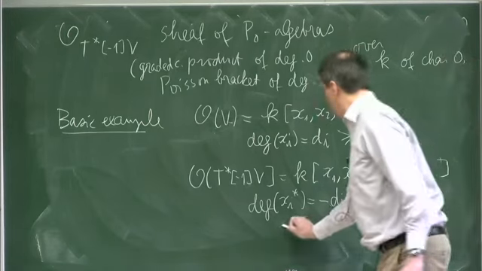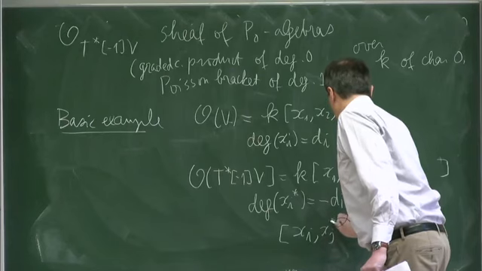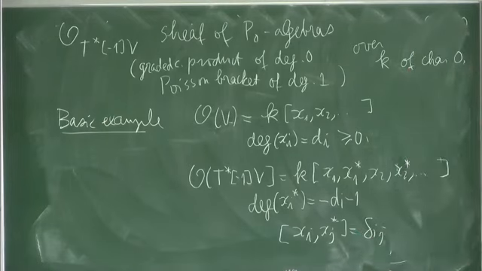And the bracket between such coordinates is delta_ij, and it is 0 in the other cases.